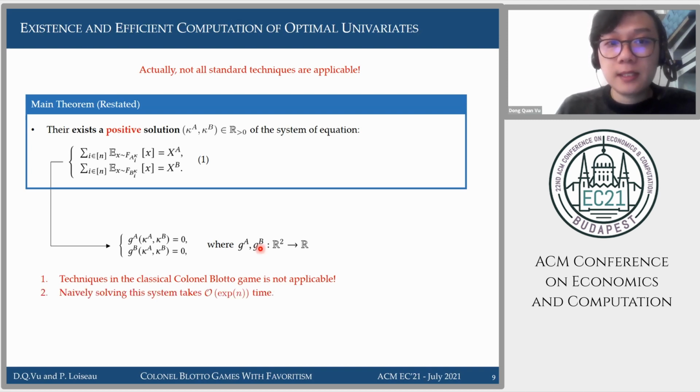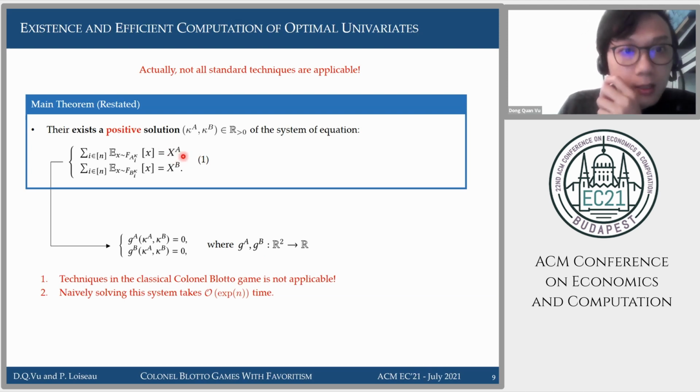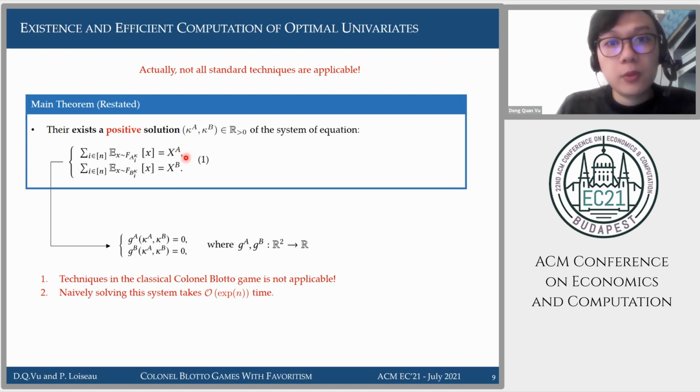The second problem is that for constructing the optimal univariate, we need to solve this system, and naively solving this system will be inefficient because for every configuration of the parameters, this FA kappa and FB kappa will change, and the whole system will change. So to solve it means that we have to consider all the configurations of the parameters. So it will take us exponential time in terms of the number of battlefields.